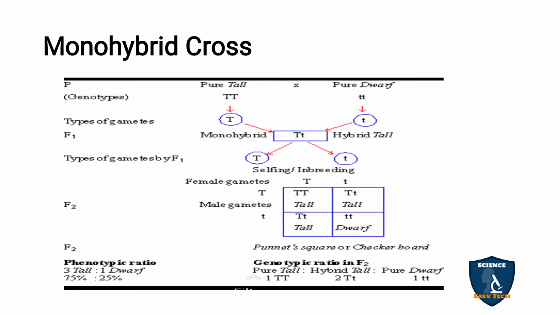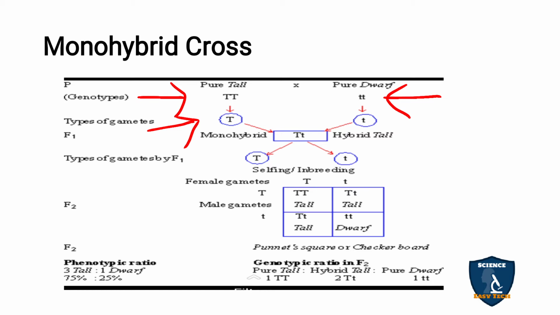The tall male is crossed with the recessive parent, dwarf, and the gametes are segregated, tall and dwarf gametes are segregated. That means the purity of the gametes is segregating from the parent plant.